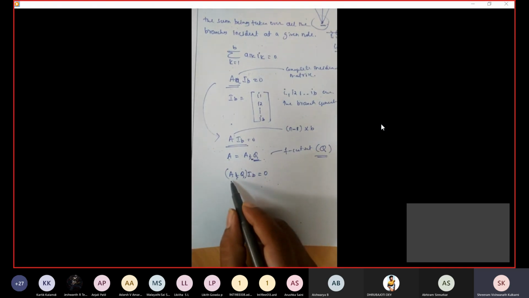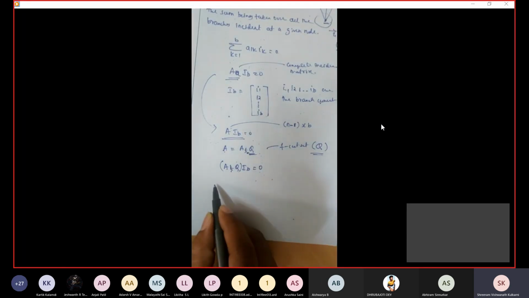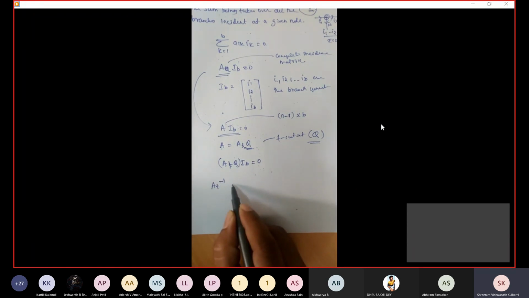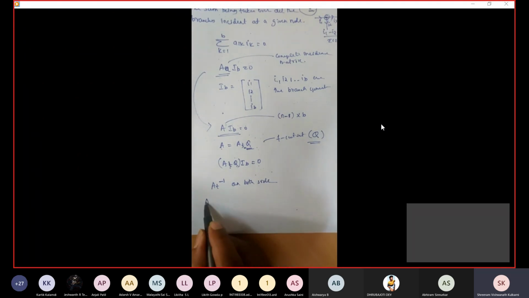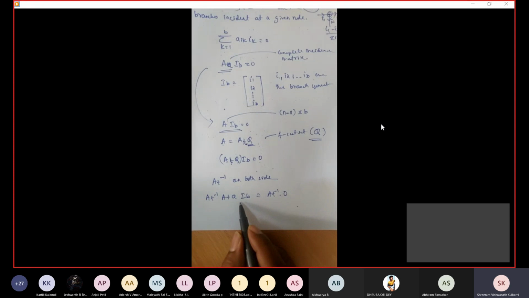Then pre-multiplying A_T transpose on both sides: A_T transpose A_T Q I_B equals A_T transpose times 0. Now it becomes identity matrix I, since a matrix transpose times that matrix itself becomes an identity matrix.